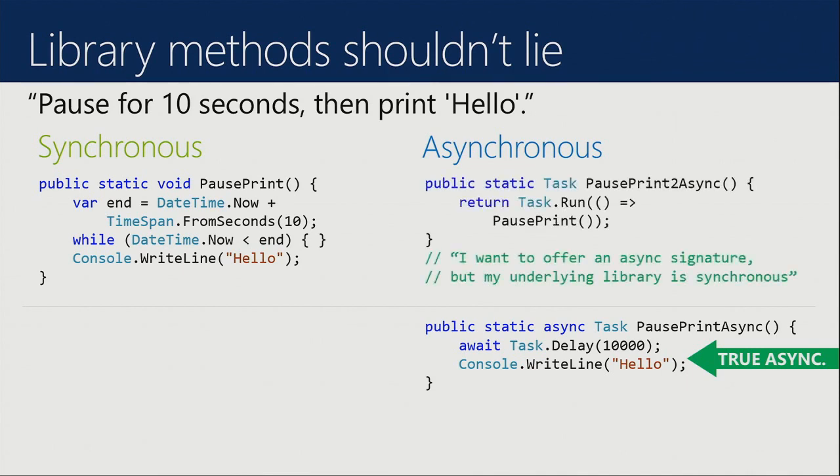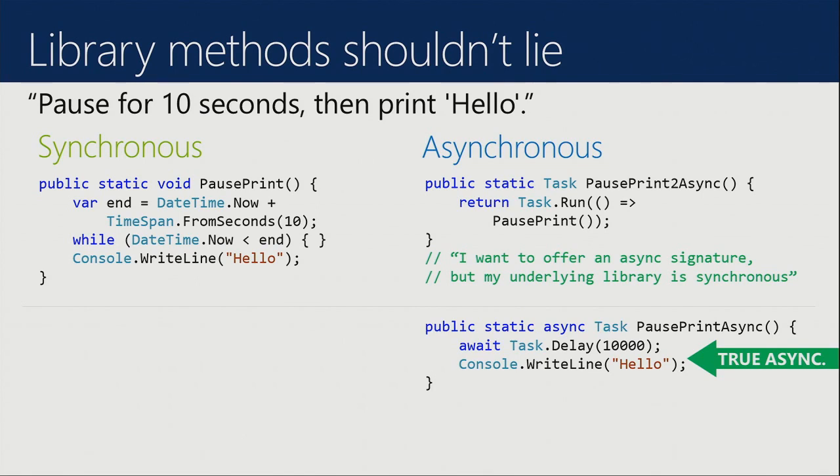Now, if you try to make an asynchronous method that really is synchronous, you're like, I want to offer this up as an async signature, but I have a synchronous implementation of it. Then there's a way to fake it, and the way is to use Task.Run, another helper method which will take your work, put it on a thread pool, and give you a task back for it, saying this task completes when that work is done.